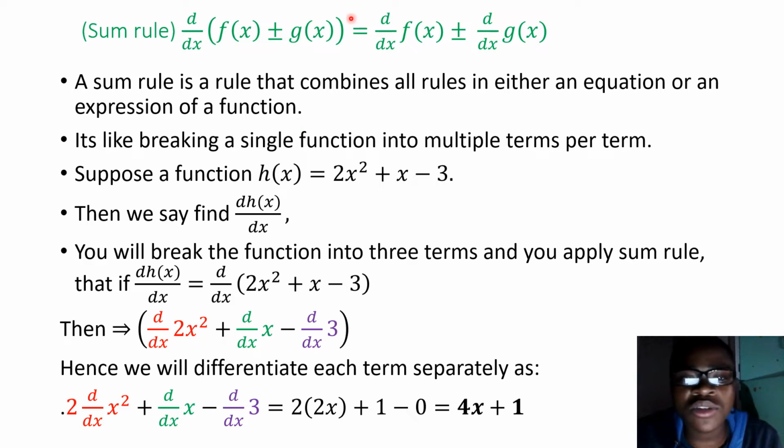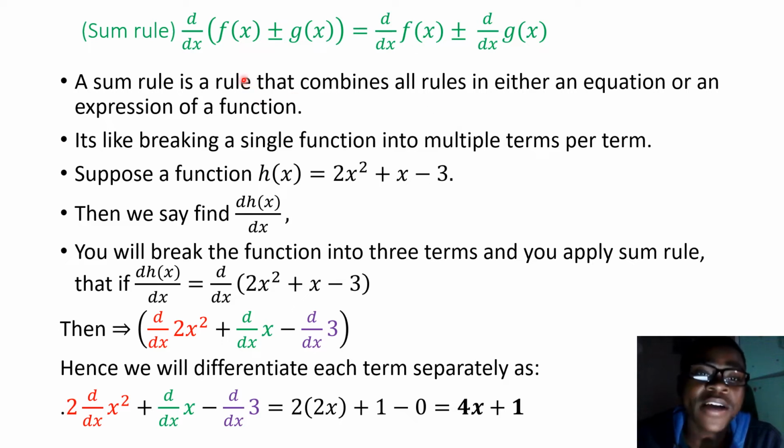Why do we say that? Because the sum rule says that the derivative of one function plus another, we can call it f of x, g of x, you can name it anyhow. When we answer our question, what we will do is pull out our derivative operation as if it's a common factor, and we multiply it to f of x and g of x.